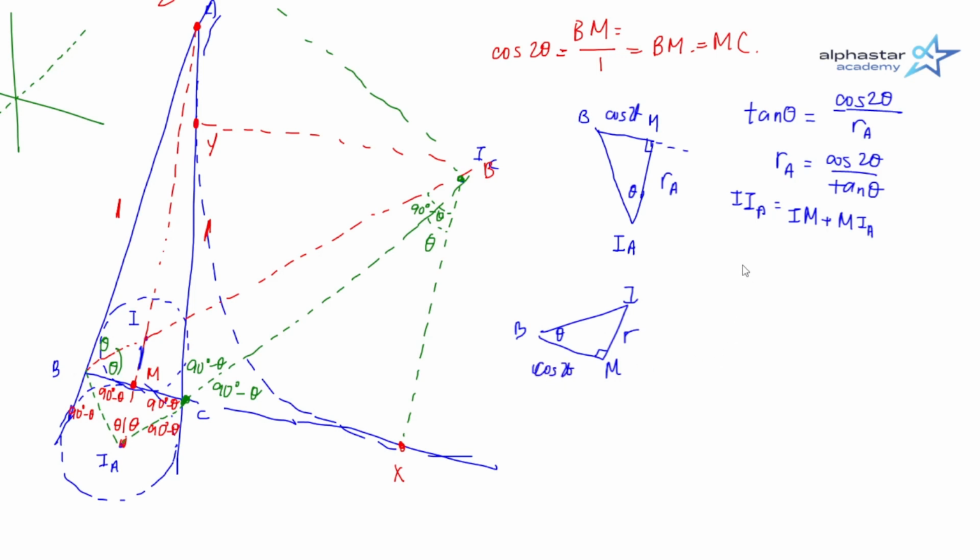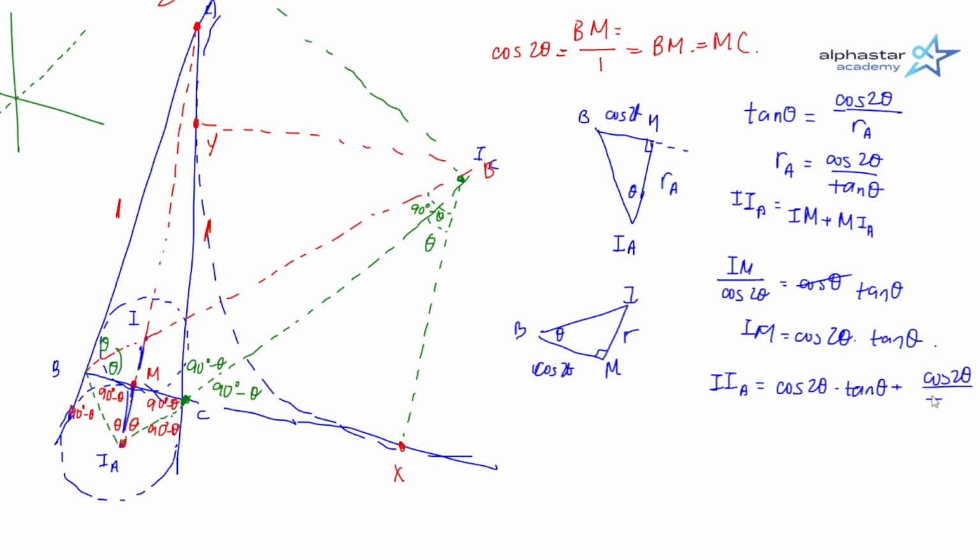So then we can see that IM over cosine 2 theta is simply tangent theta. So IM equals cosine 2 theta times tangent theta. And of course, MI sub A is just r sub A, this length here. So that's just cosine 2 theta over tangent theta. So we can see that I I sub A is equal to cosine 2 theta times tangent theta plus cosine 2 theta divided by tangent theta, which isn't too bad, right?